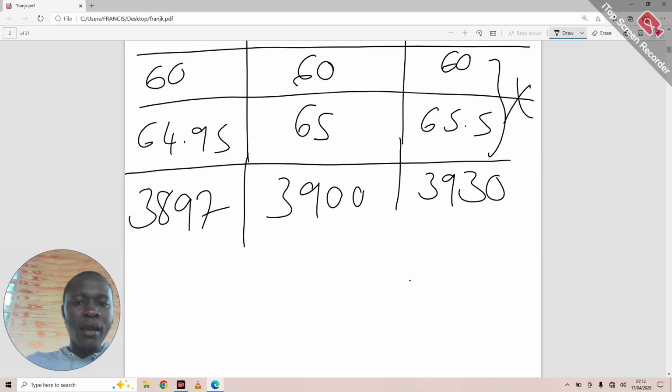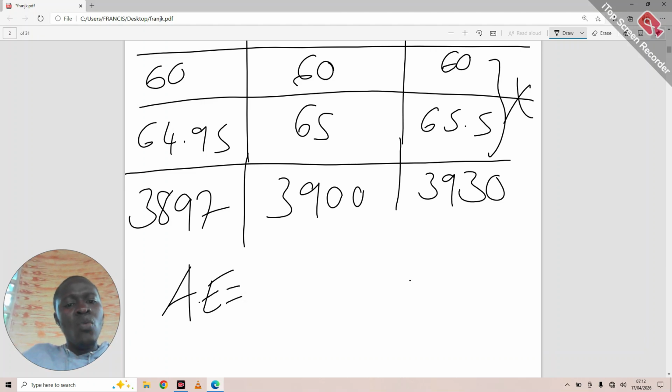Now, being that we have this, we can now get our absolute error. And by the way, you might be wondering, why are we not getting relative error? Why are we not getting percentage error? The main reason is, at the start, I told you that getting an absolute error is the only issue when it comes to this topic.